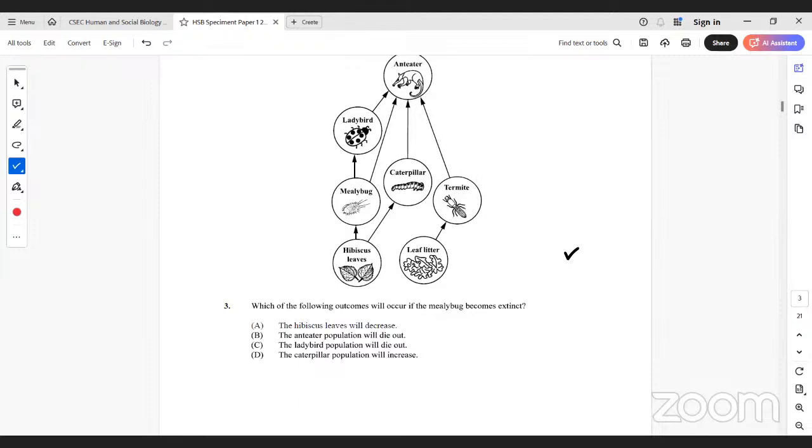And everyone, I'm just giving persons some opportunity to do their reading and catch up with us. So many persons are picking C. The ladybird population will die out.